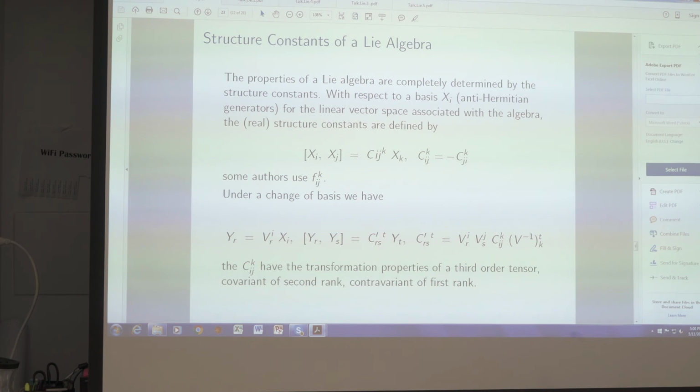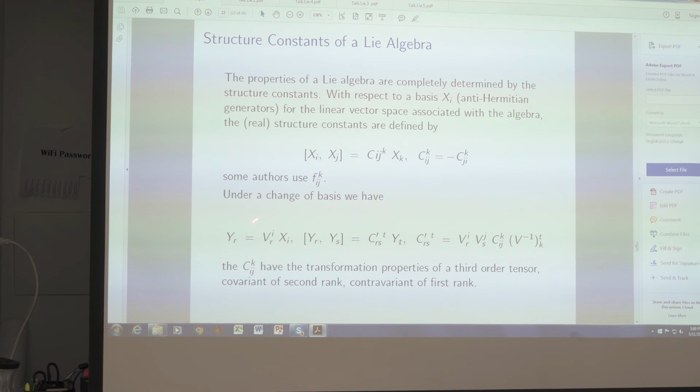Remember, the structure constants of a Lie algebra are always defined with respect to a given basis. If you change your basis, you're going to change the structure constants. If I have this algebra, the structure constants are antisymmetric with respect to these two indices.